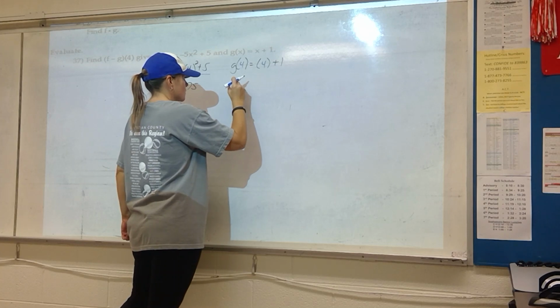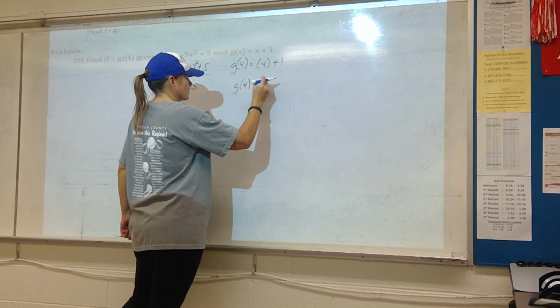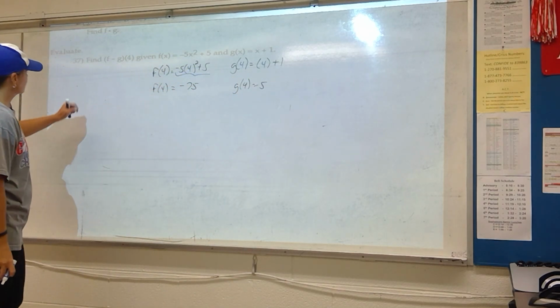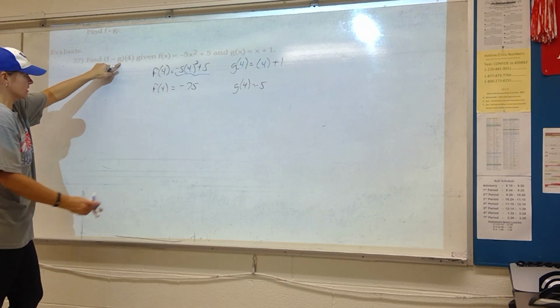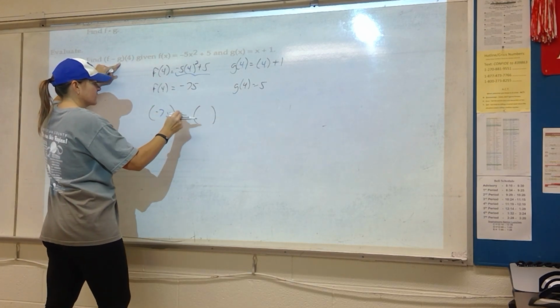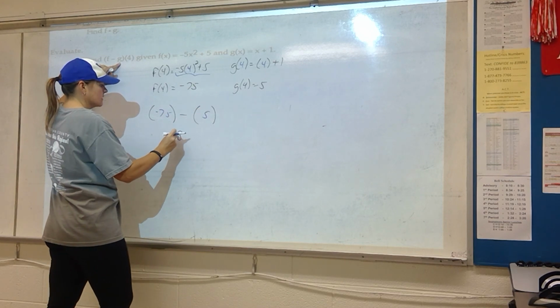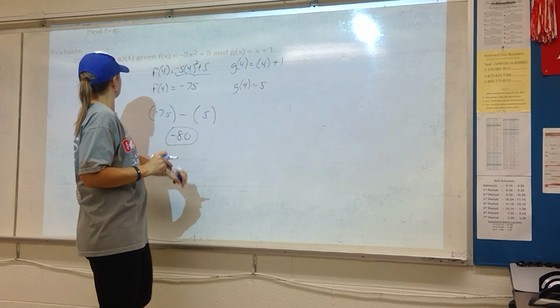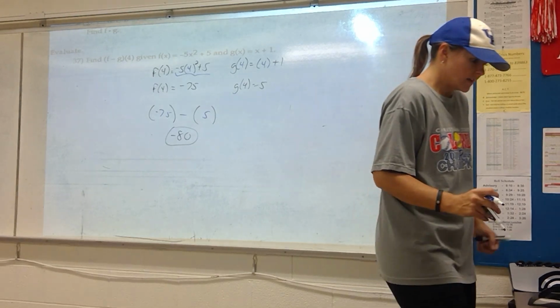Over here we have 4 plus 1, which is 5. Now they want you to take f minus g. So that's -75 minus 5, and that is -80.